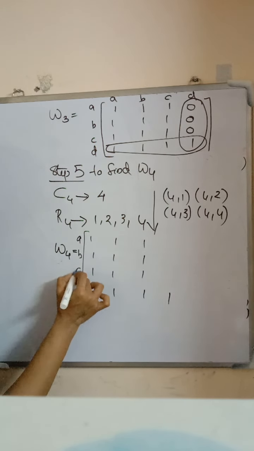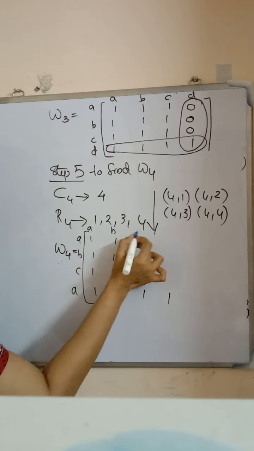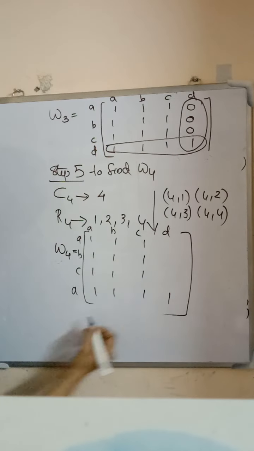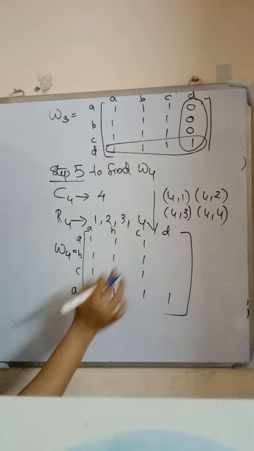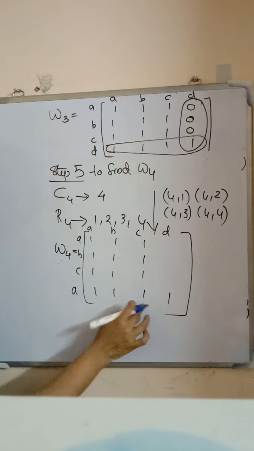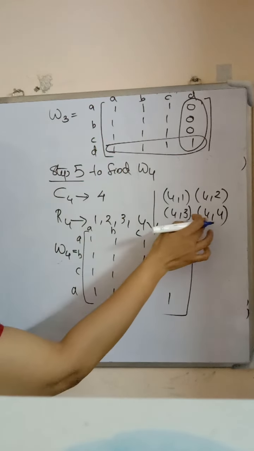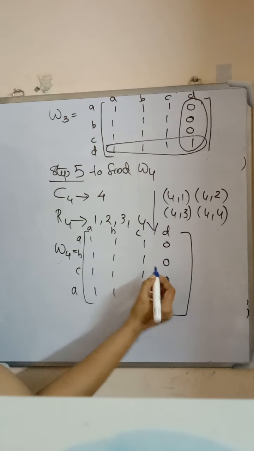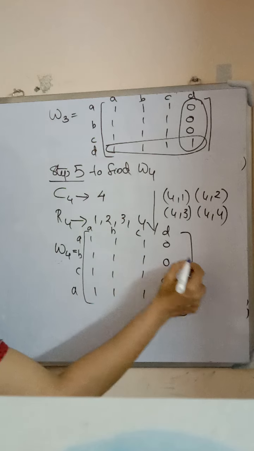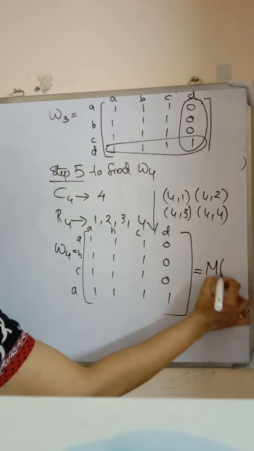Here rows A, B, C, D and columns A, B, C, D. Now we choose the new positions 4 1, 4 2, 4 3, also present in the W3 matrix, 4 4 is also present in the W3 matrix. So W4 matrix is same as W3 matrix and this is the transitive closure of the relation.